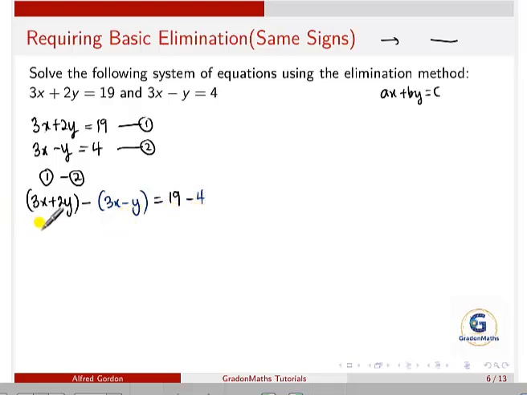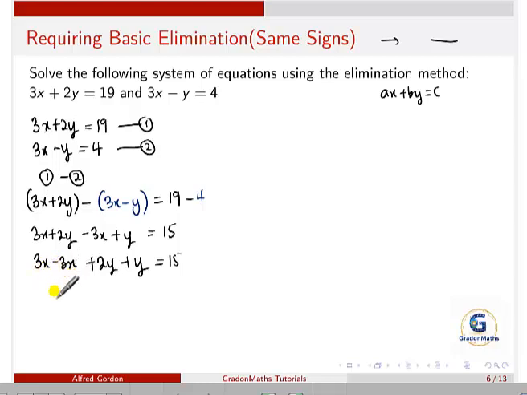Okay, so let's simplify. We have 3x plus 2y, and here we are expanding the bracket with a negative, so minus 3x plus y is equal to 19 minus 4, which gives us 15. Now we can group like terms: 3x minus 3x, plus 2y plus y is equal to 15.